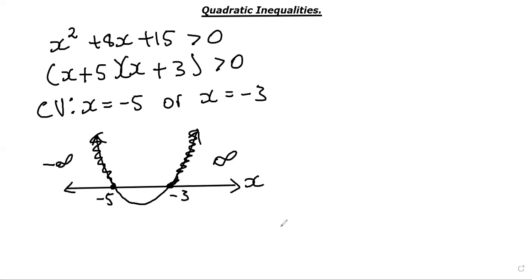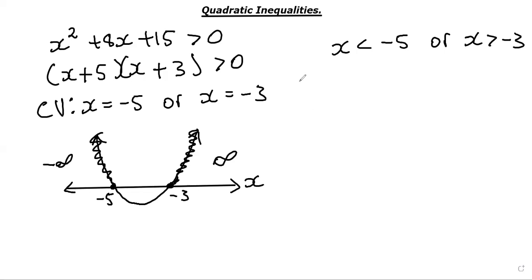So you have two ways of saying this. You can say the y values are positive, or rather the function is greater than 0 for any value of x that is less than -5, or for any value of x that is greater than -3.